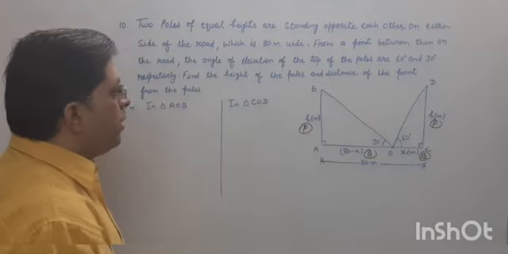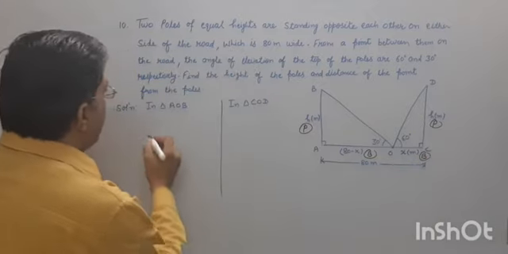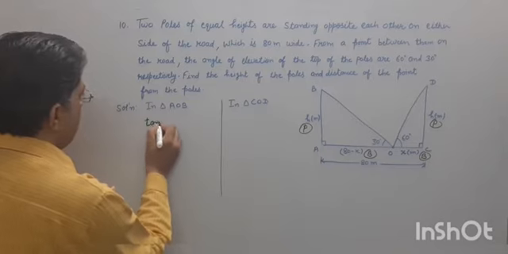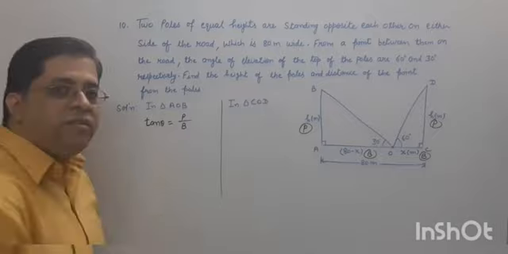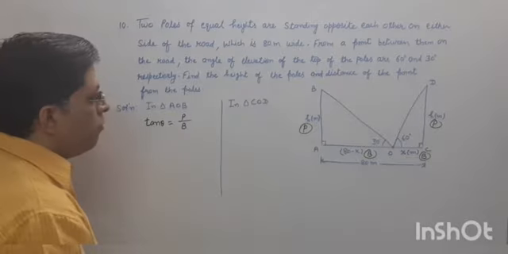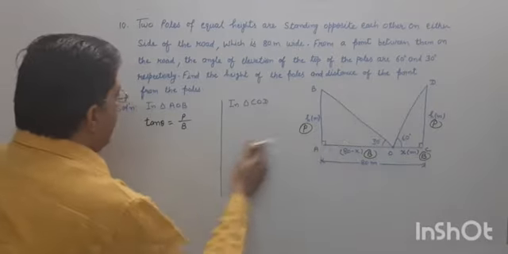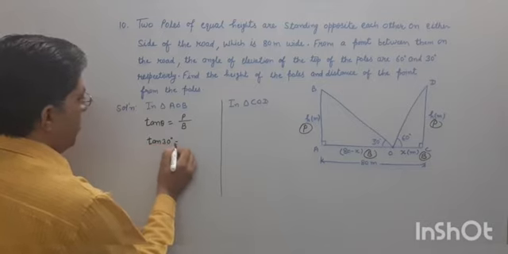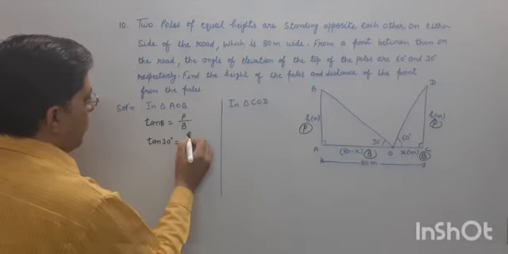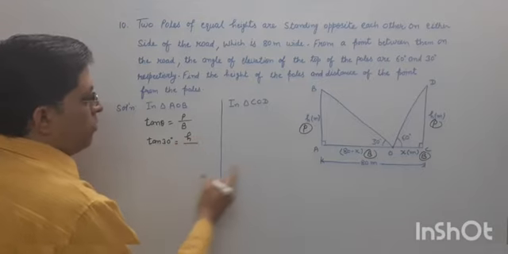Okay, then you take one triangle. Tan theta is equal to perpendicular upon base. What is tan theta? Theta is your 30 degree, so take tan 30 degree. Perpendicular is H, and what is base?